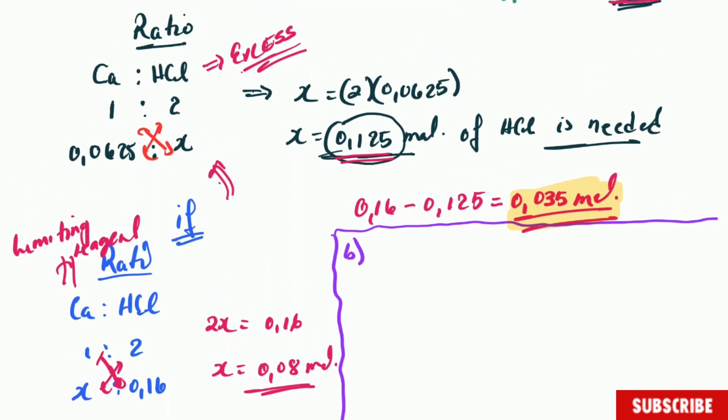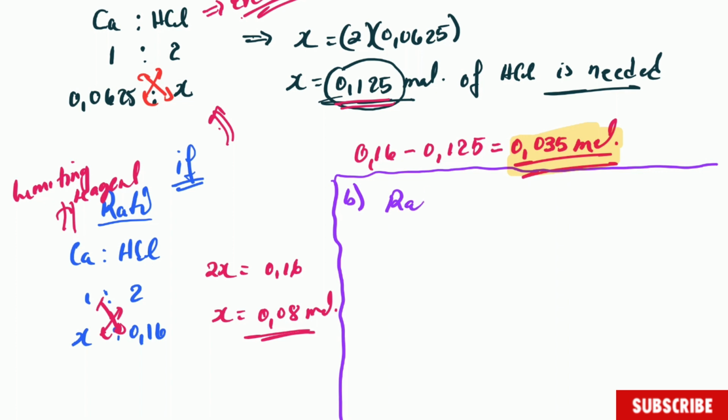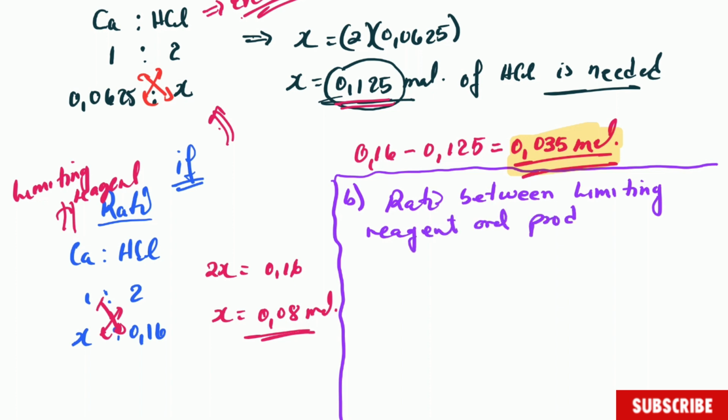We're going to use the ratio between the limiting reagent and product. And this is always going to be like that.